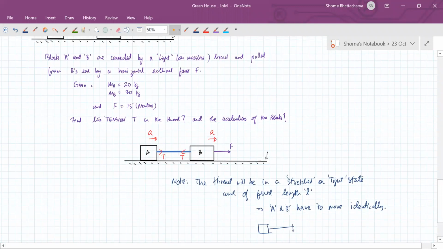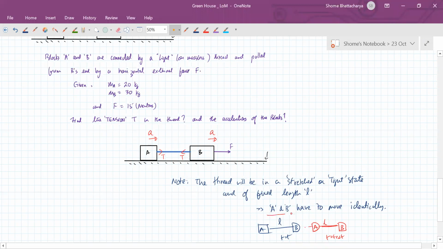So if between A and B there's a distance L at some time t, now after some time as they are moving, let's say B has reached here, A has reached here, but the distance between them has to remain L.